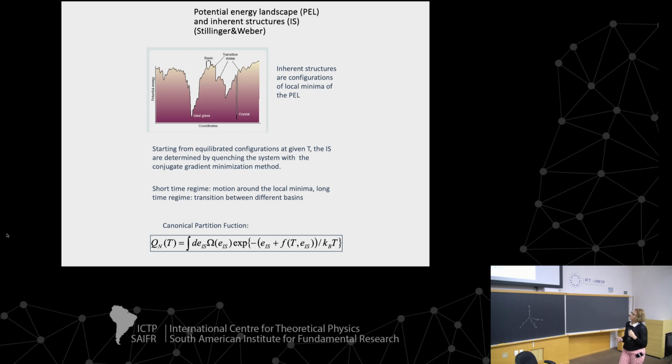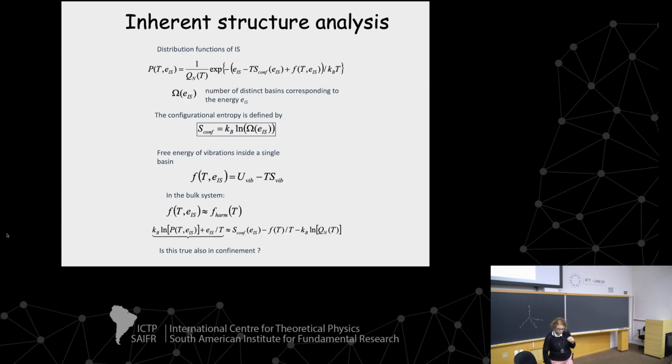And then you can calculate the canonical partition function that has this expression. So if you want to do what is called an inherent structure analysis, you can calculate the distribution function of inherent structures.